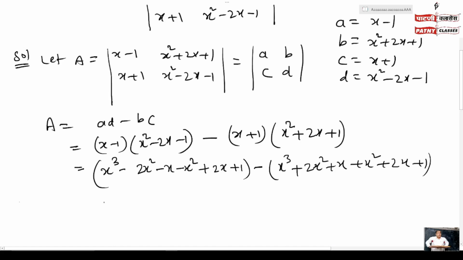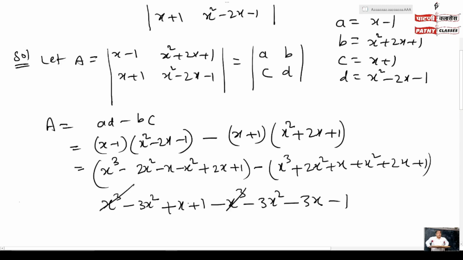Opening all the brackets, x cube minus 3x square plus x plus 1 minus x cube minus 3x square minus 3x minus 1. Let's see what gets cancelled. This and this are gone, and plus 1 and minus 1 are gone. What do you get here?